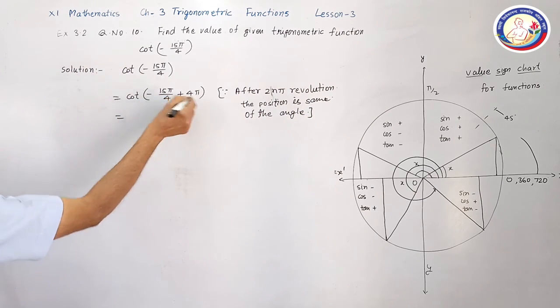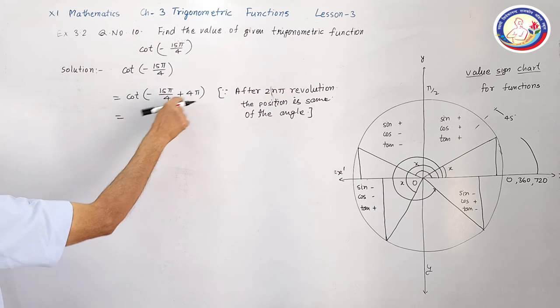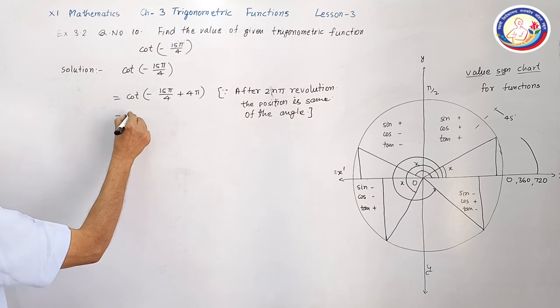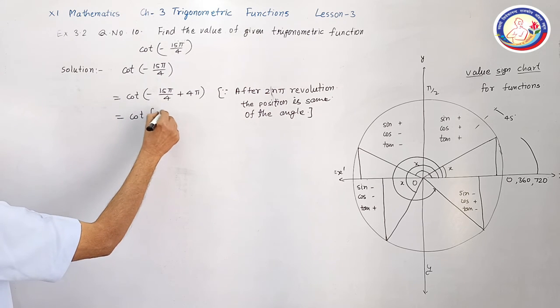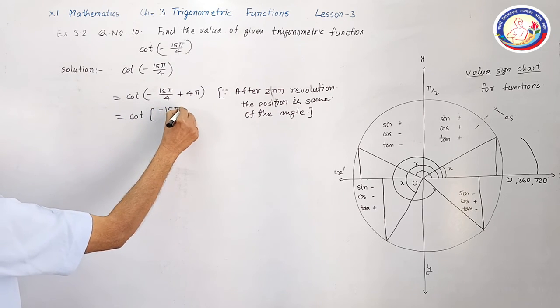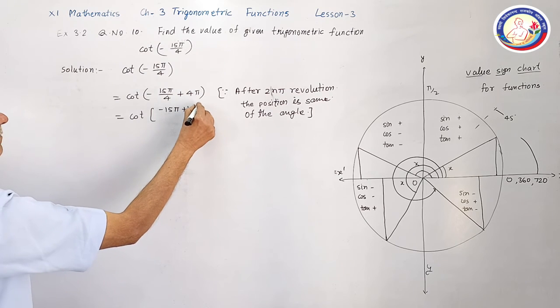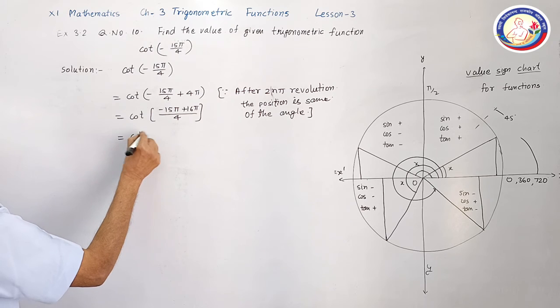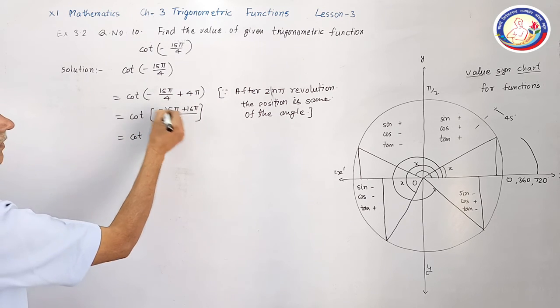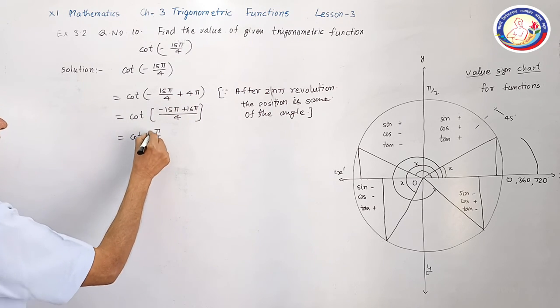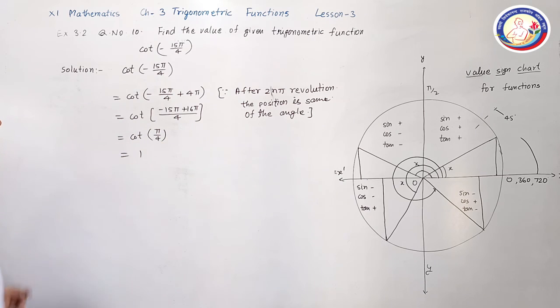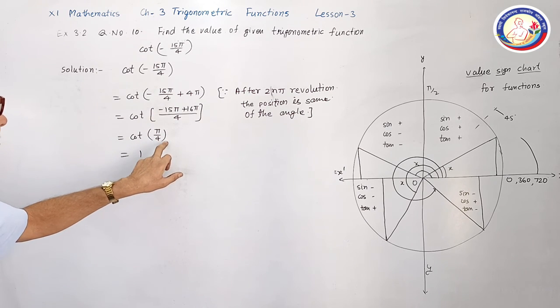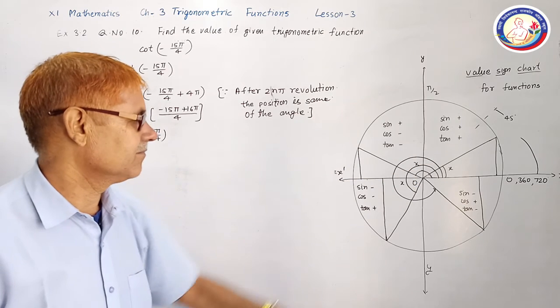Now the positive value of this angle minus 15 pi by 4, the resultant value will be cot of pi by 4, that is 1. So the value of this angle will be 1, and if the resultant value is pi by 4, it lies in the first quadrant.